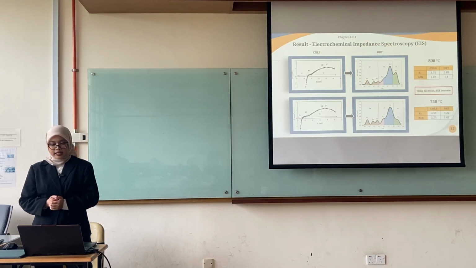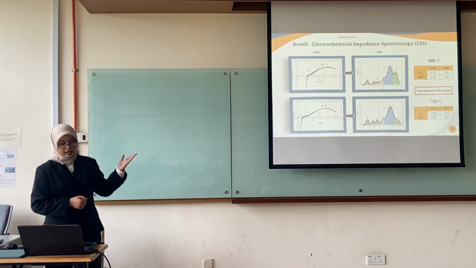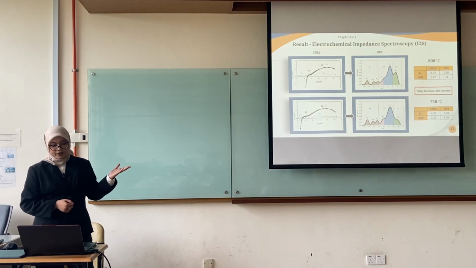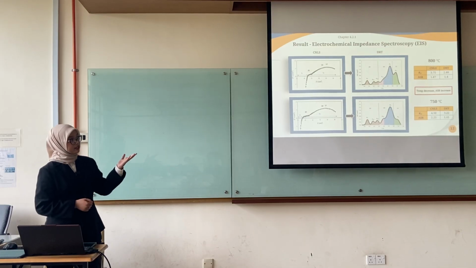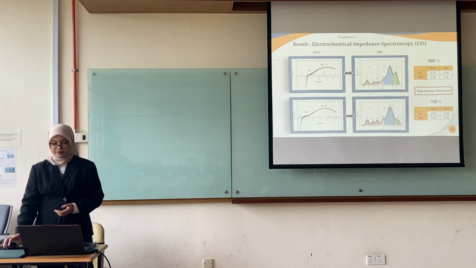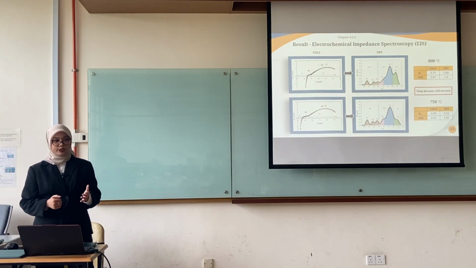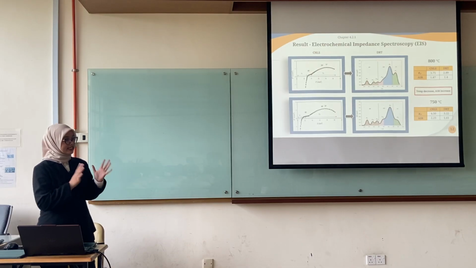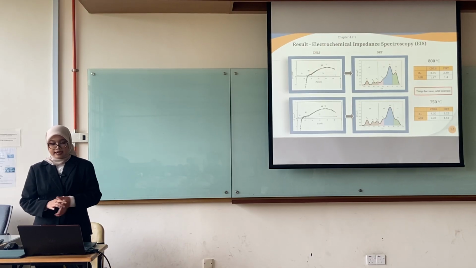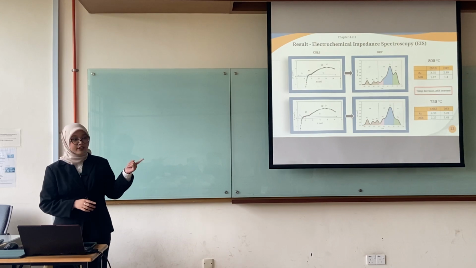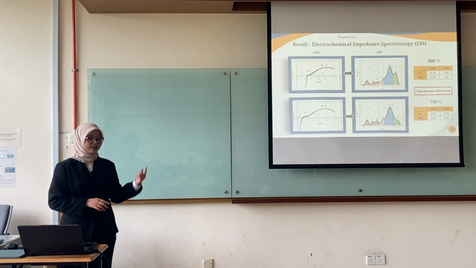They are the comparison of the area-specific resistance (ASR) from the Nyquist plot and DRT analysis. The results of both analyses show quite similar values. However, there is no similarity at 750 degrees Celsius.